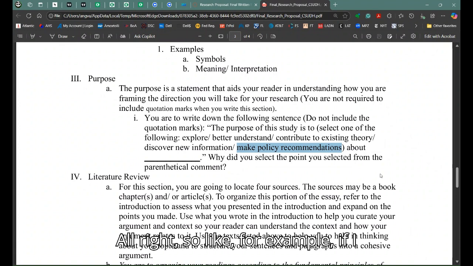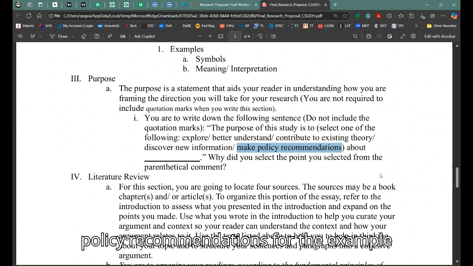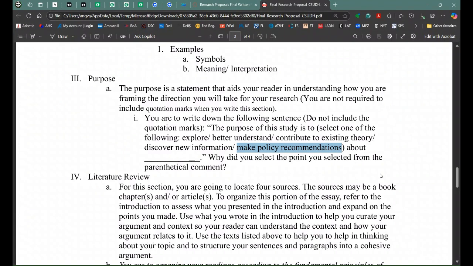All right. So, for example, if I wanted to make policy recommendations for the example that I wrote out, I would have talked about how to try to reform the use of politicizing crime, and how politicizing crime has had a negative impact on the use and function of developing public policy.